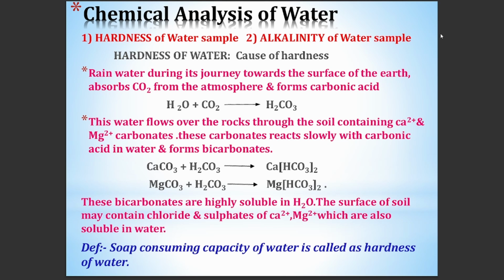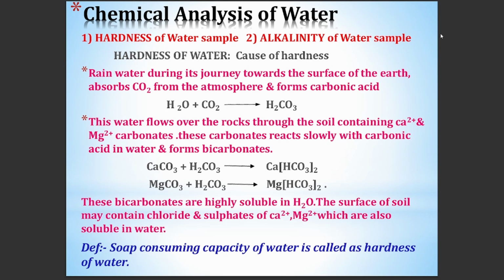Now, do you know what is the cause of hardness of water? As we discussed earlier, rainwater during its journey towards the surface of the earth absorbs CO2 from the atmosphere and forms carbonic acid. That water becomes acidic. The reaction explains how the CO2 gets dissolved in the water to form carbonic acid.